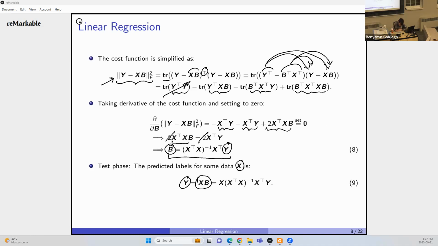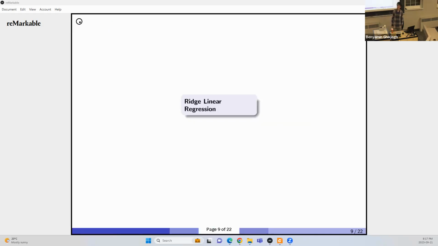And my predicted output will have as many rows as the number of test data points. The number of columns in Y will be the dimensionality of labels, right? Simple linear regression was over.